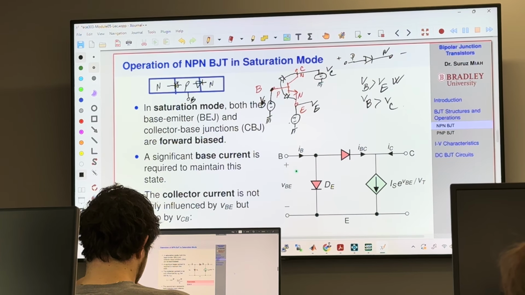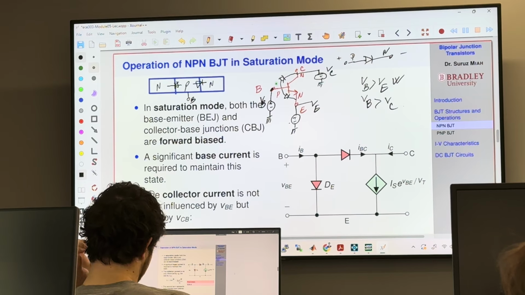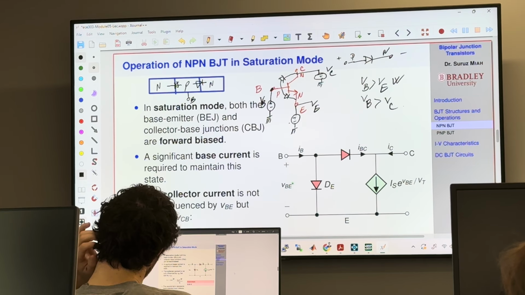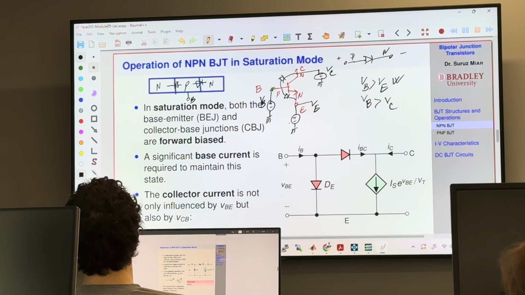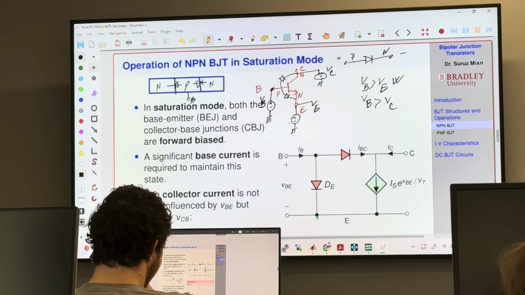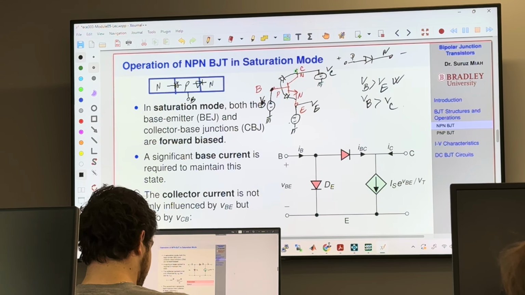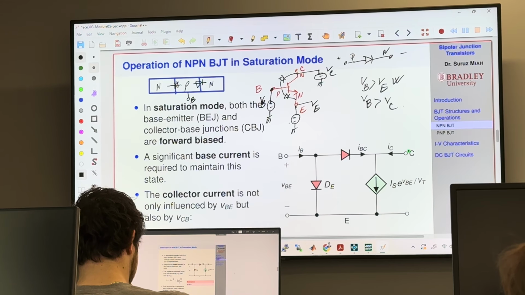Now, I have just redrawn this transistor to match it with the board. So this base terminal is right here, this is the emitter terminal, and this collector terminal is right here.